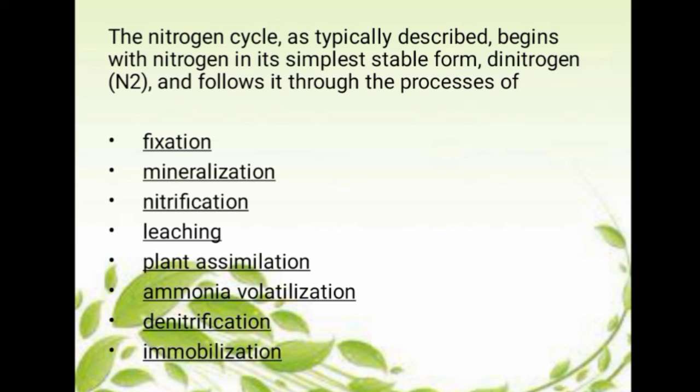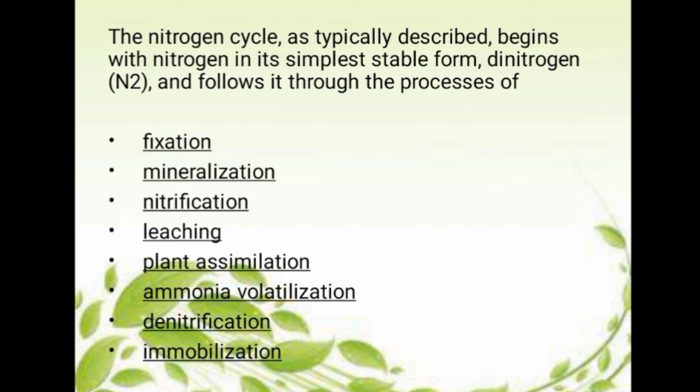The next is leaching. Leaching is the loss of nitrate as water drains through the soil profile, moving out of the range of the plant's rooting system. Next is plant assimilation. Plant roots assimilate nitrogen mainly in the form of nitrates. Next is ammonia volatilization.